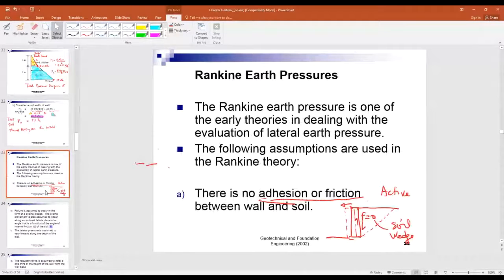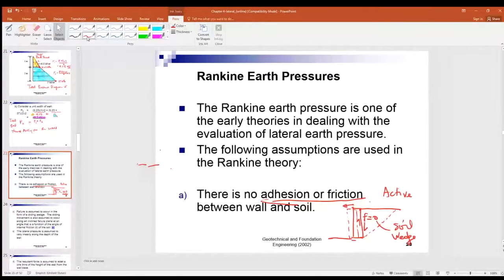Now coming back to here, talking about this, the alpha, this is the plane of failure, because the soil wedge is sliding downwards against the lower part of the soil.